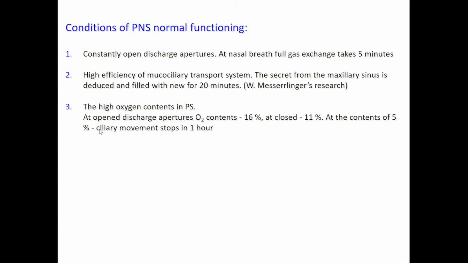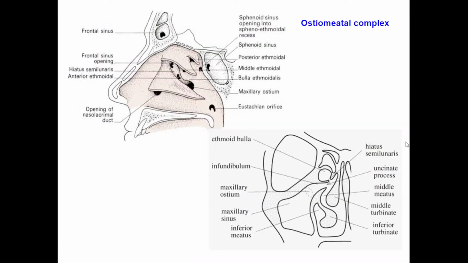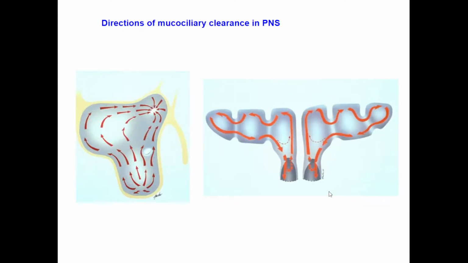And the third condition is a high oxygen content in the paranasal sinuses. Going back to the slide, for a high concentration of oxygen in the paranasal sinuses, the ostiums must be open.